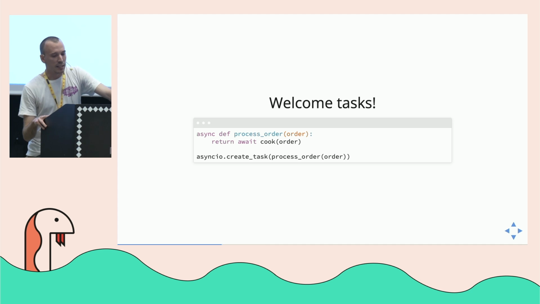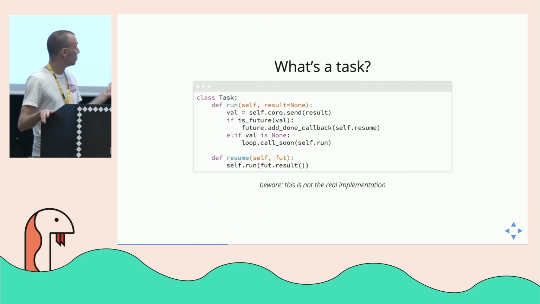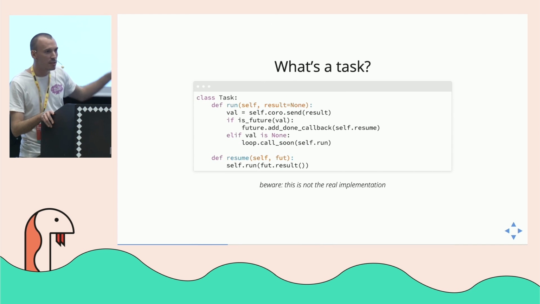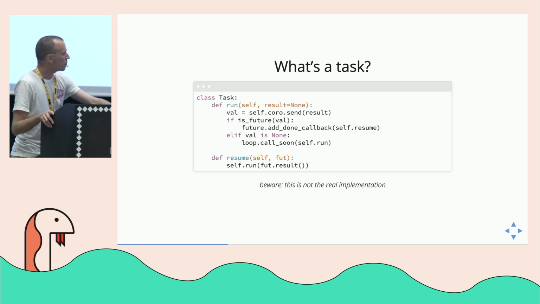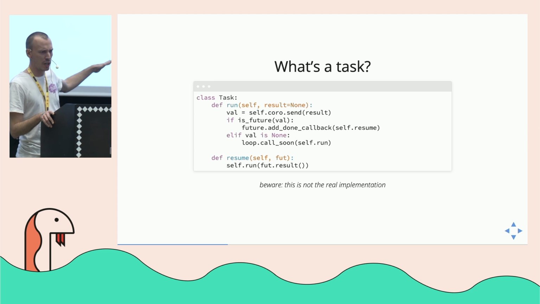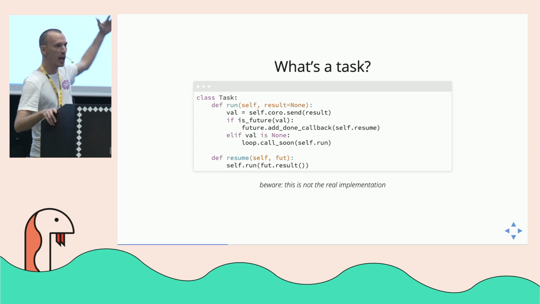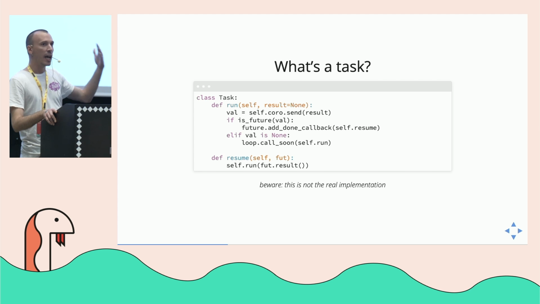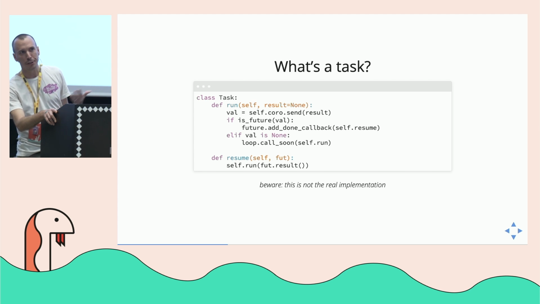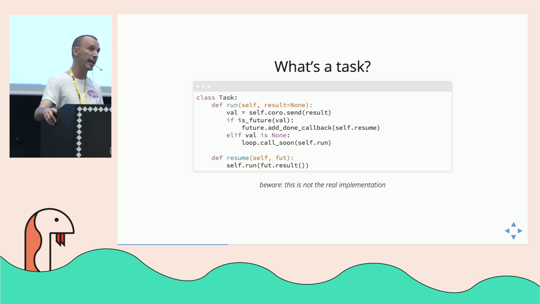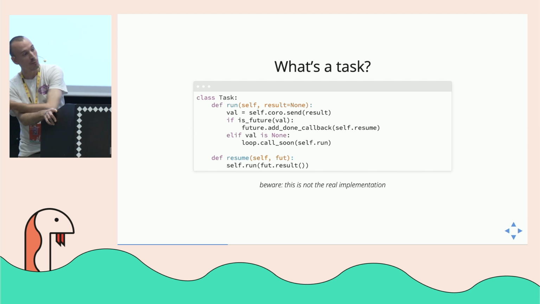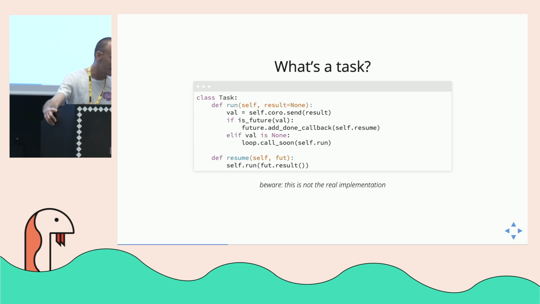So at the end of the day, you have the event loop calling these tasks. This is not the real implementation, but it gives you an idea of how it works. The task is control flow. It will iterate over the coroutine. Hey, I got a future. So now I tell the future, hey, when you're done, call me back so I can tell the event loop, hey, schedule another iteration.